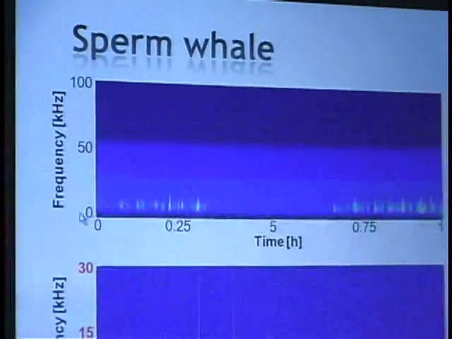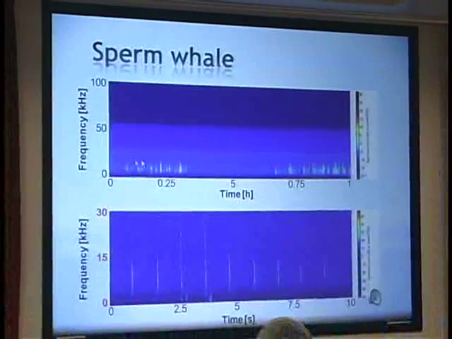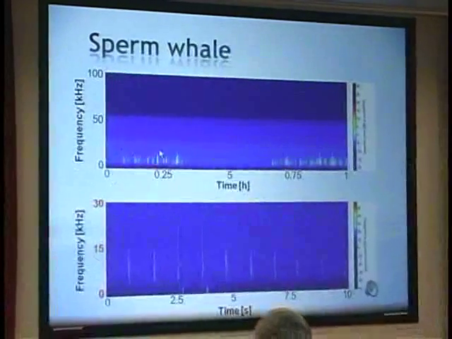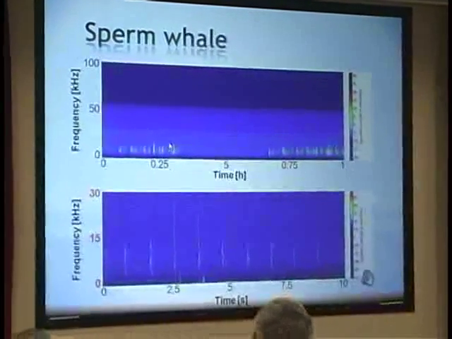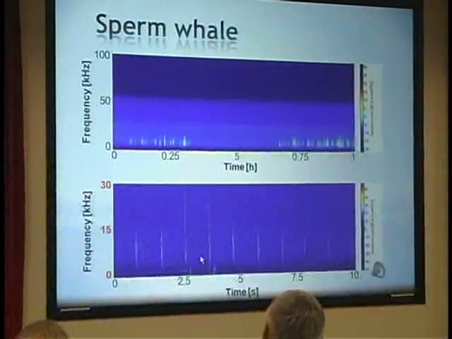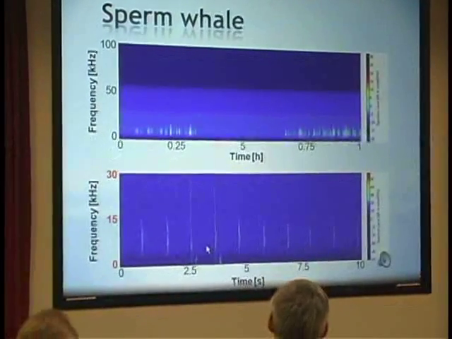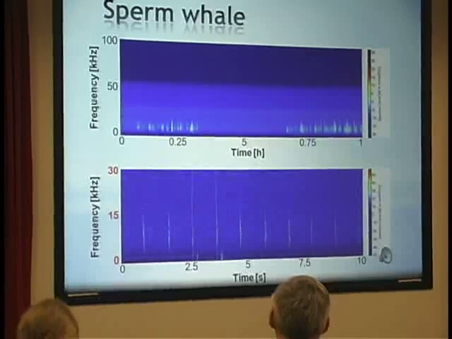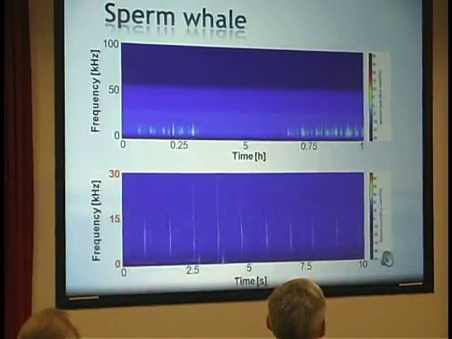They are at pretty low frequencies down here, usually not a whole lot higher than 20 kilohertz. And they have about a 1 second inter-click interval, so they're very regular. And it sounds kind of like knocking on wood.